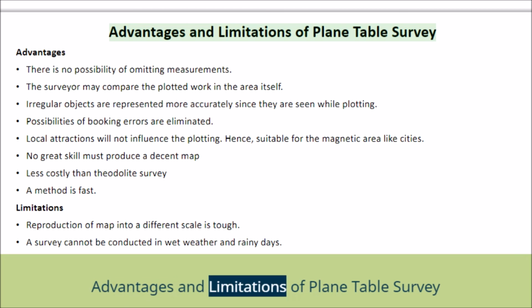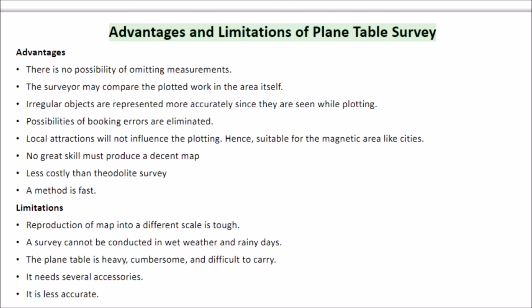Advantages and limitations of plane table survey. Advantages. There is no possibility of omitting measurements. The surveyor may compare the plotted work and the area itself. Irregular objects are represented more accurately since they are seen while plotting.